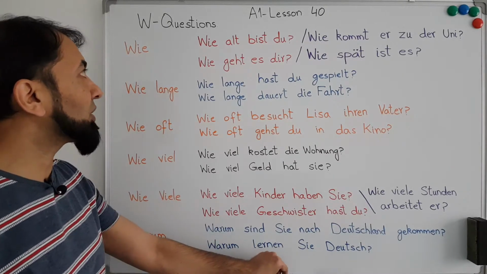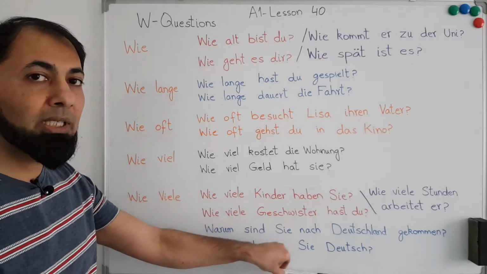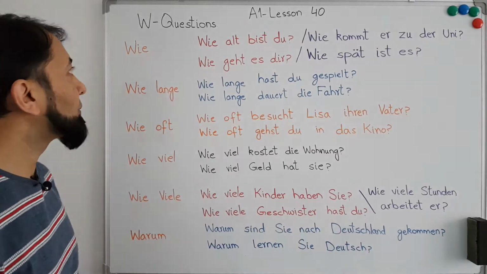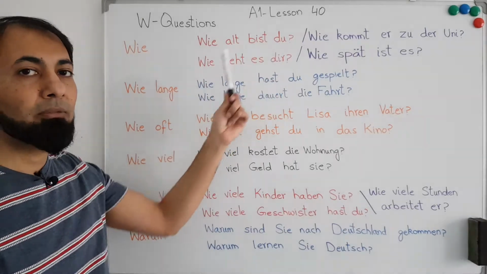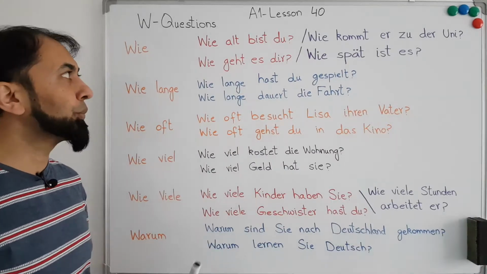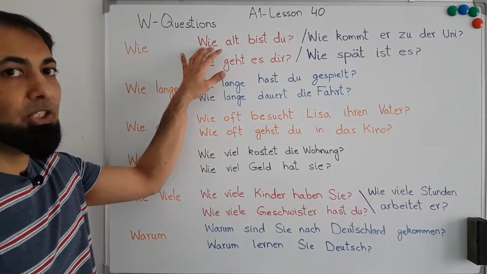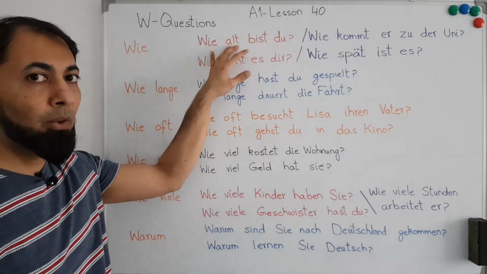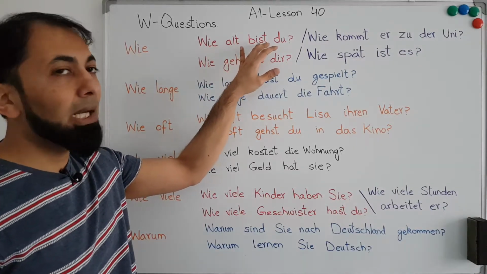Let's start with the W question word wie and see in which situation it is used in the meaning of what, and in which situation it is used in the meaning of how. So the first example is: Wie alt bist du? How old are you? Now in this example, if we look at the sentence structure, at the very first position we are using the W question word wie, and after that, how old, which means we have to use the word alt, and are you.